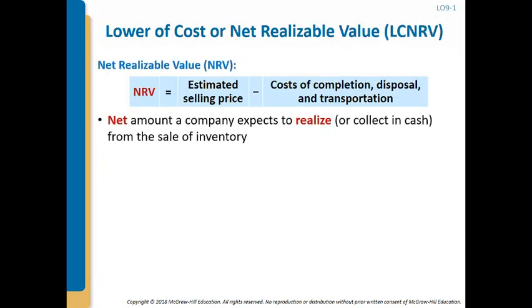So the lower of cost or net realizable value is the estimated selling price less any cost of completion, disposal, and transportation involved with such sale. It's the net amount the company expects to receive, not just the estimated selling price.